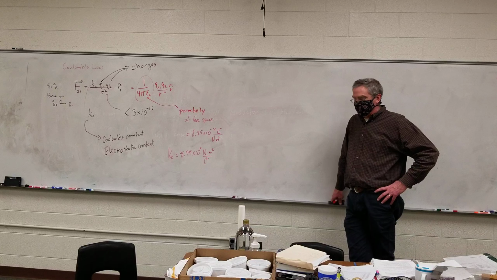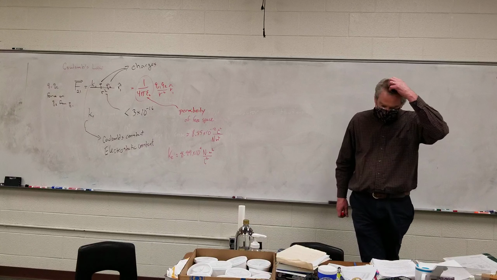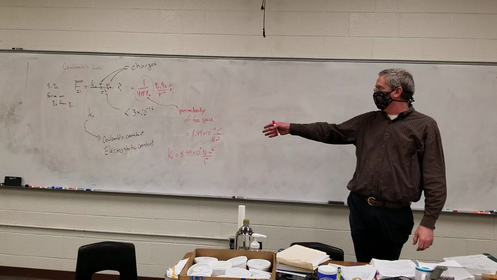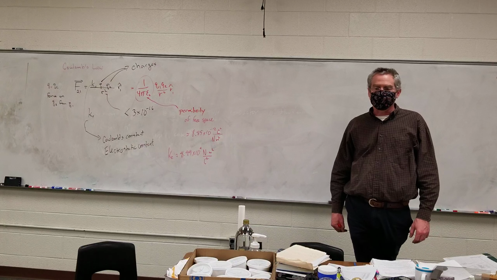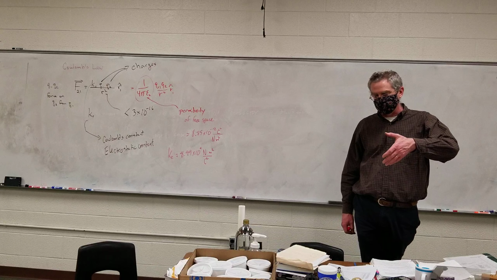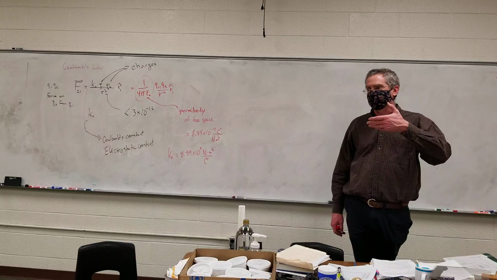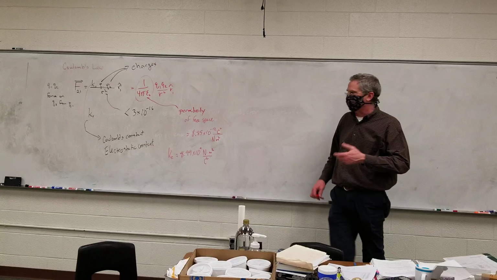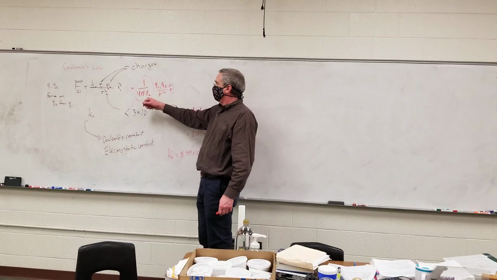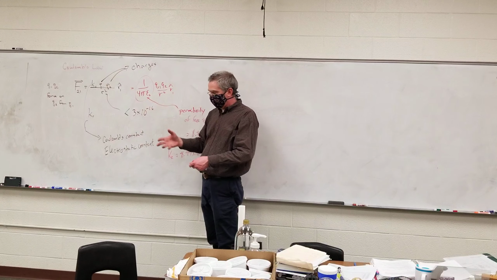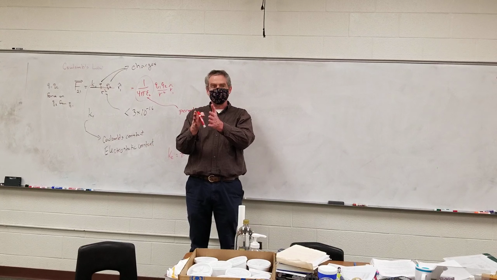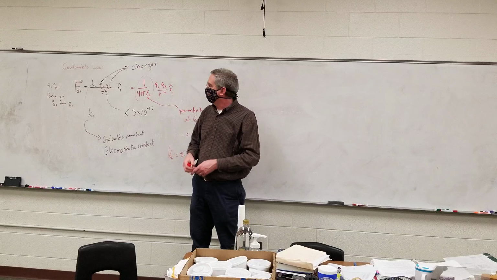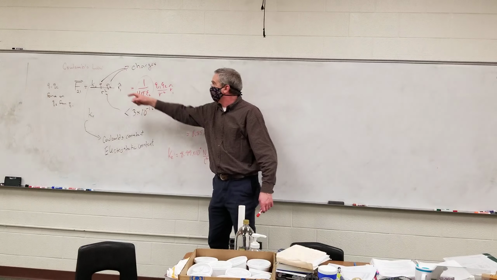The reason this is convenient is that using 9 times 10 to the 9th works really well for the value of K, but when you start dealing with charges in the presence of other materials, then K doesn't change, but epsilon will. So if I have a plate filled with charge and another plate filled with charge, if there's nothing in between them, I can get away with this or that.